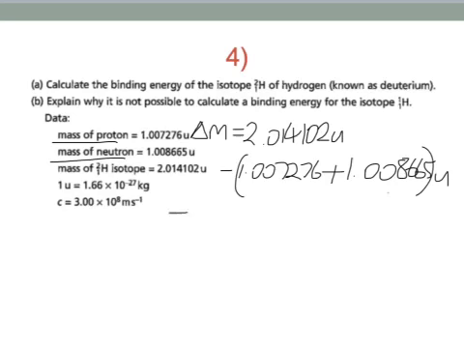And so we get a difference, or mass defect, of negative 0.001839 units.